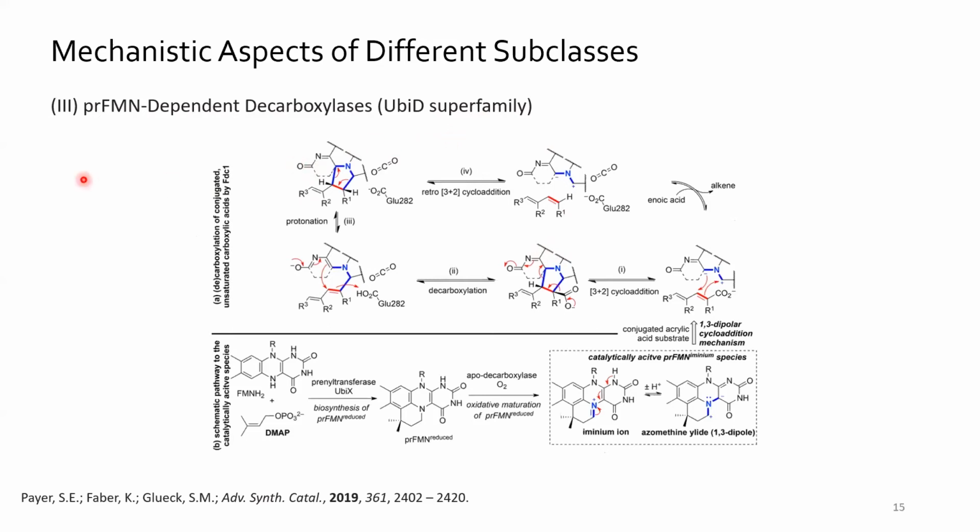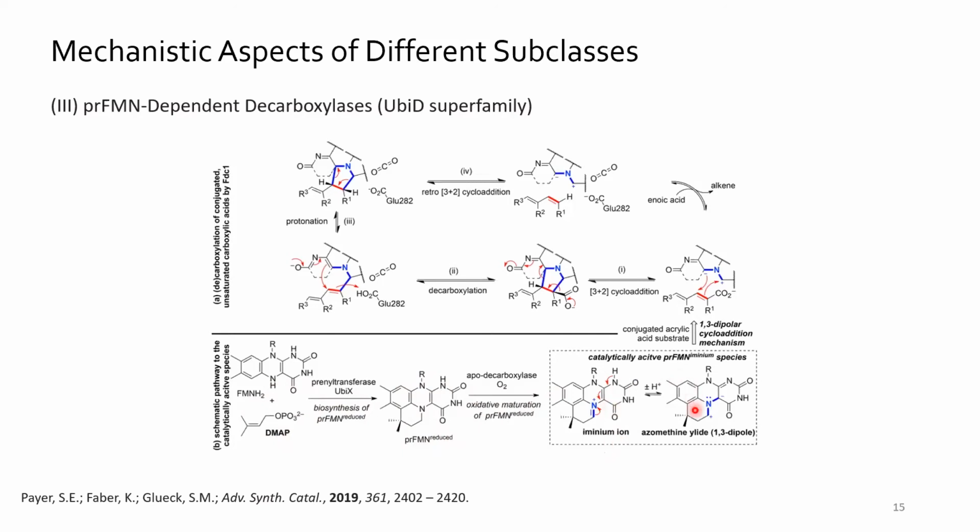And this prenylated flavin mononucleotide as a cofactor was just discovered actually very recently in 2015. And here you can see how it is formed. So the FMNH2 molecule reacts with DMAP, and the enzyme prenyltransferase UbiX leads to this species, which is the prenylated FMN in the reduced form, which is then by oxidative maturation and the enzyme apodecarboxylase converted to the catalytically active species.